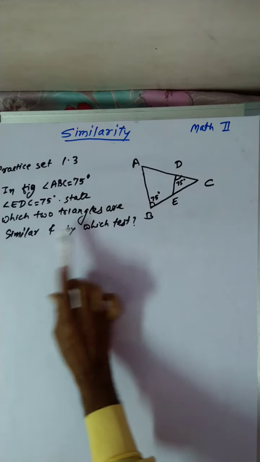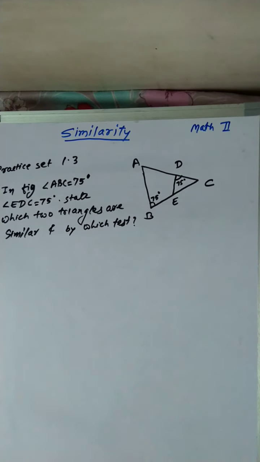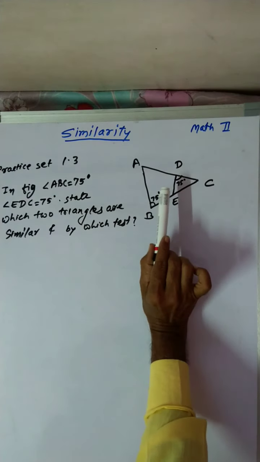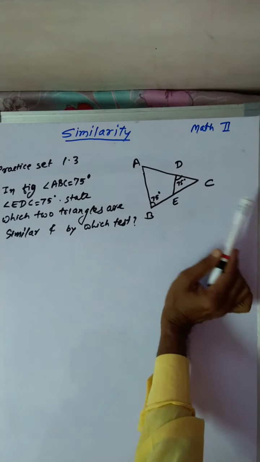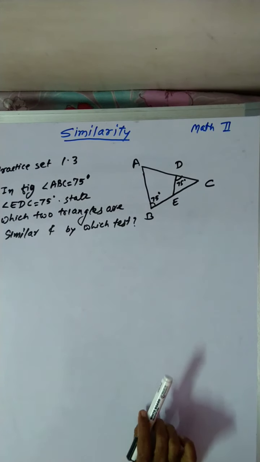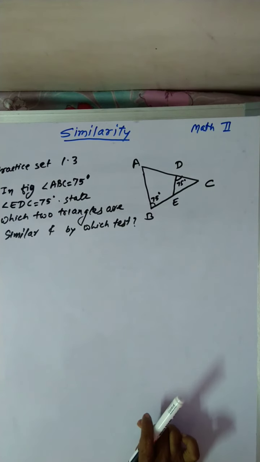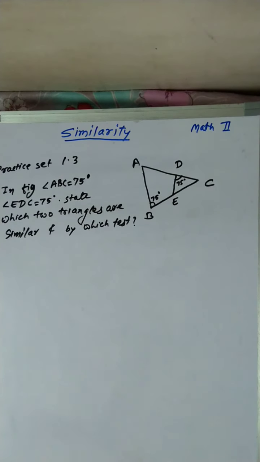State which two triangles are similar and by which test. That means here two triangles are there, triangle ABC and triangle EDC. We have to write the name of the triangles first, and then whether the triangles are similar or not, and by which test.